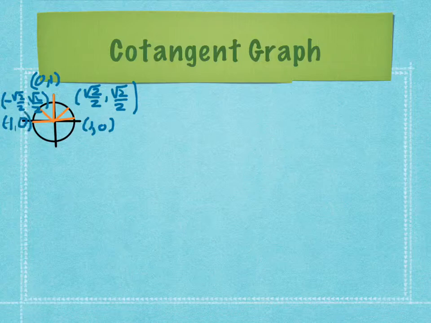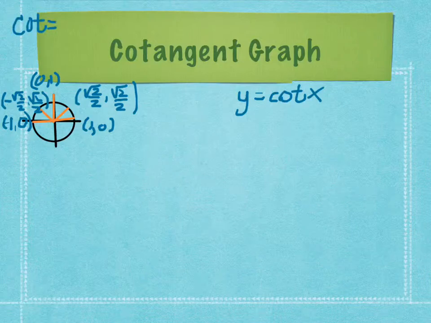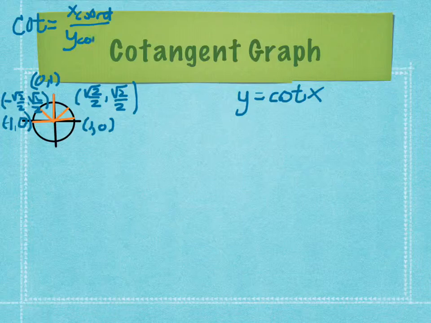So I'm going to create that, again this is the graph of y equals cotangent of x, and my cotangent value is found by taking the x coordinate divided by the y coordinate.